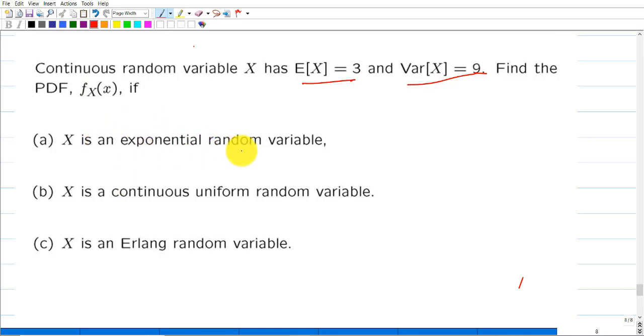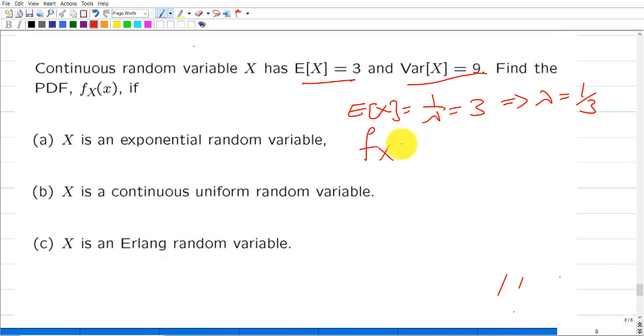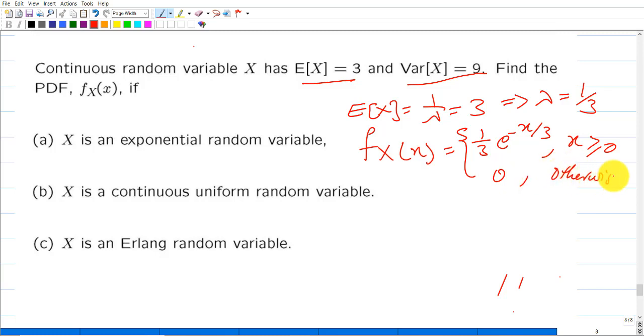That's a straightforward reverse engineering. For an exponential random variable, we know that the expected value of x is 1 over lambda, which is equal to 3, which implies that lambda is equal to 1 over 3. So we can write fx of x equal to 1 over 3 e raised to the power minus x over 3 for x greater than or equal to 0, and 0 otherwise.